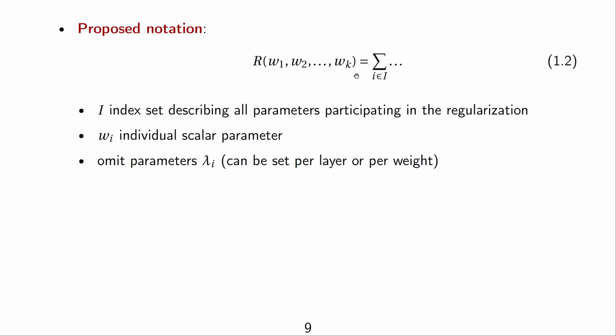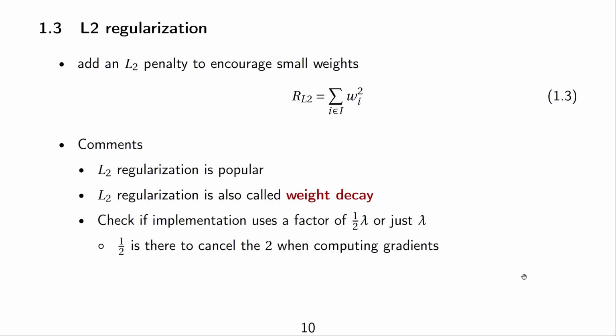So this just says which of these weights, that means which are the indices of the parameters, should be regularized. Also, I'm going to omit the parameters lambda i. You just have to add them conceptually later on. So these regularizers are very simple anyways.